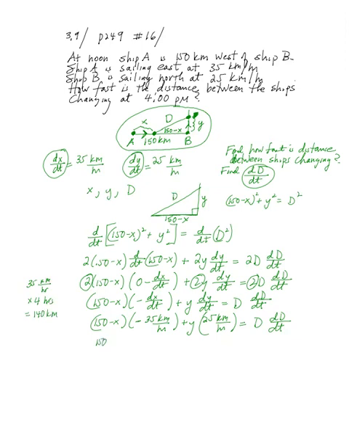So x is 140 kilometers. Similarly, 25 kilometers per hour times 4 hours is 100 kilometers.